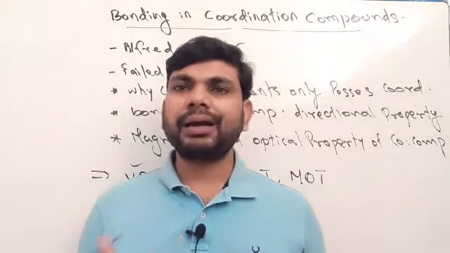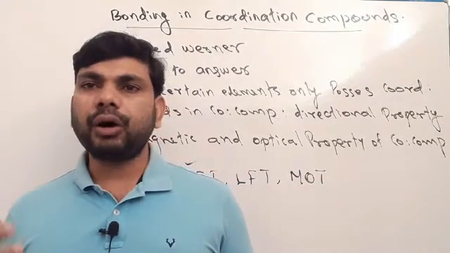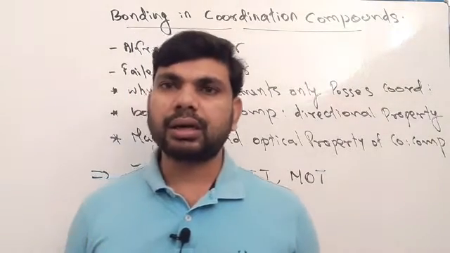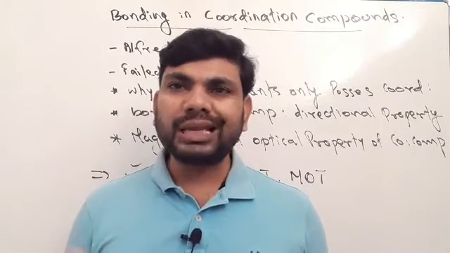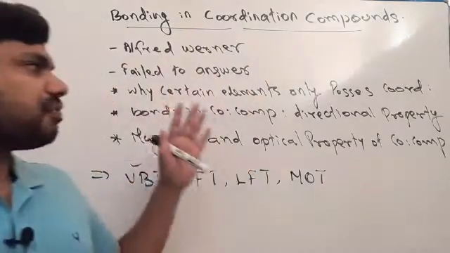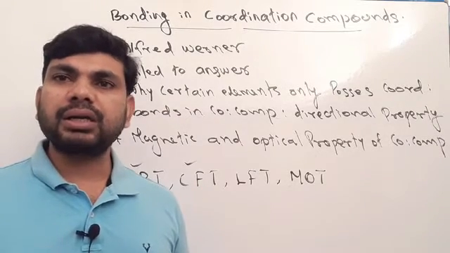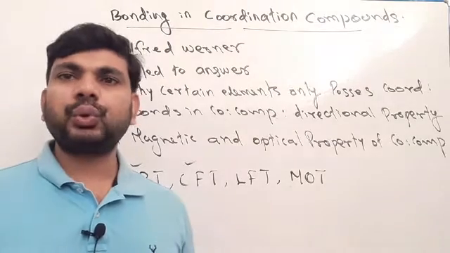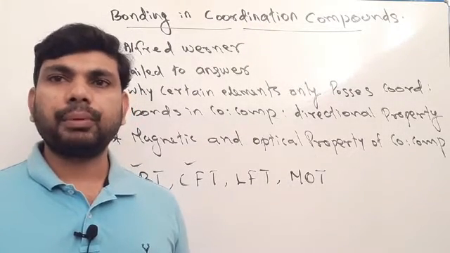He explained primary valency and secondary valency. But Alfred Werner failed to explain some properties of coordination compounds. That's why Werner failed to explain chemical bonding in coordination compounds.